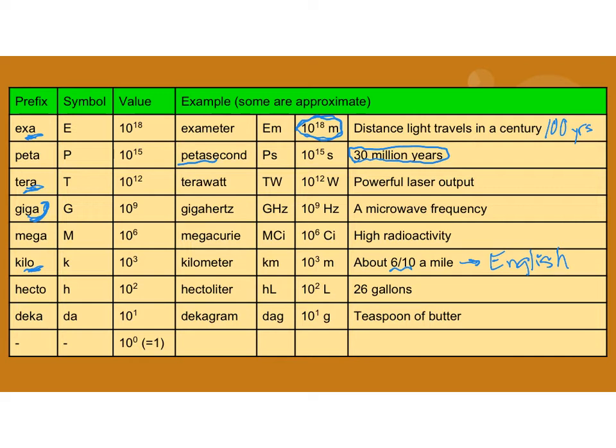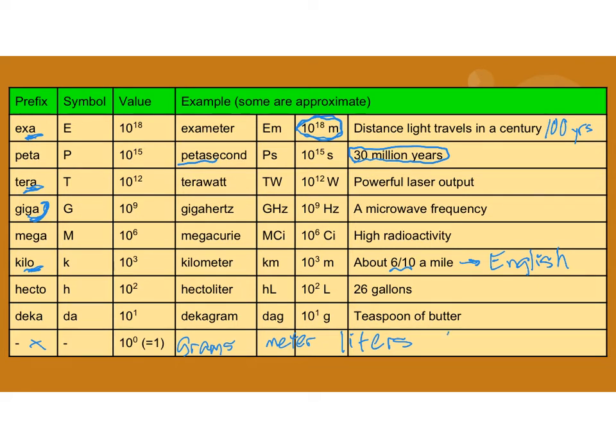When we get down here to the 0 order of magnitude, that's where our grams, meters, liters, this is the order of magnitude where those exist. They don't have a prefix. There is no prefix. So they're just grams, meters, and liters, or seconds, watts, curies, hertz.